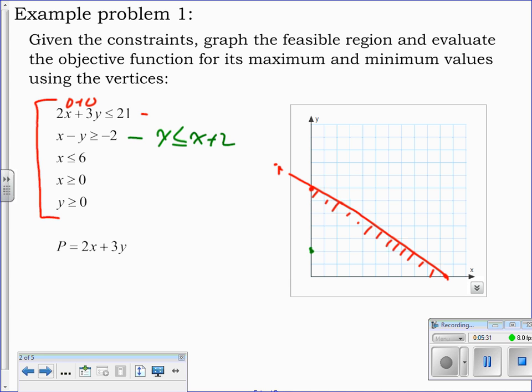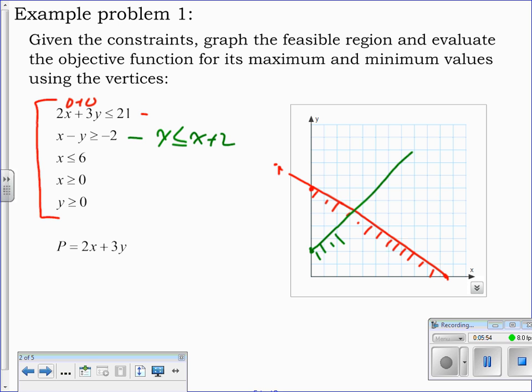So I have y-intercept here. My slope is 1. Okay. And I want to test a point. I can pick the origin. 0 minus 0 is greater than -2. It works.